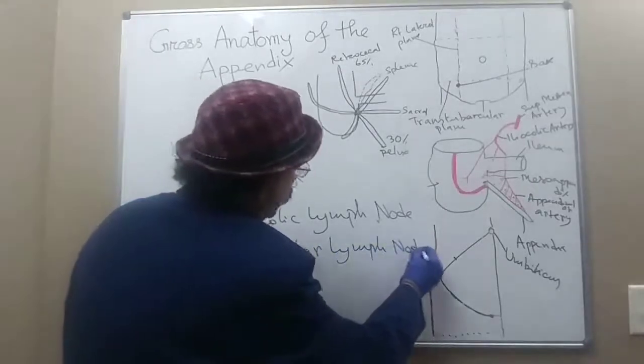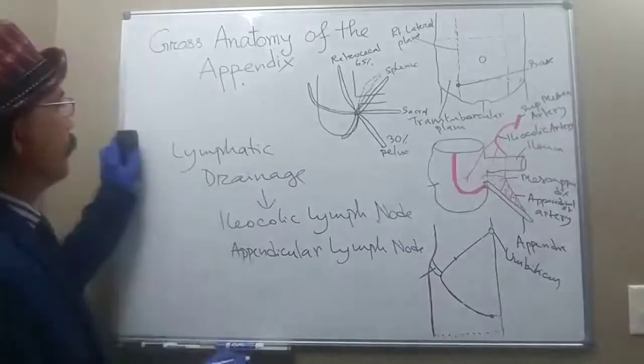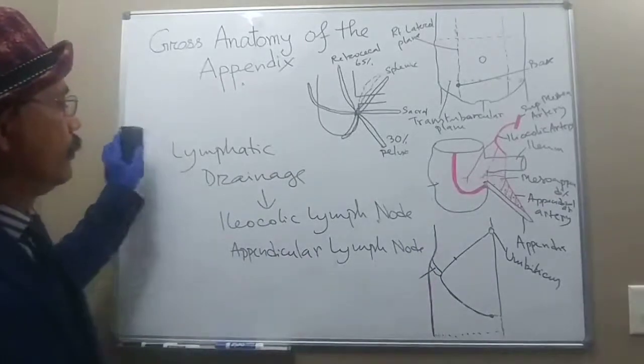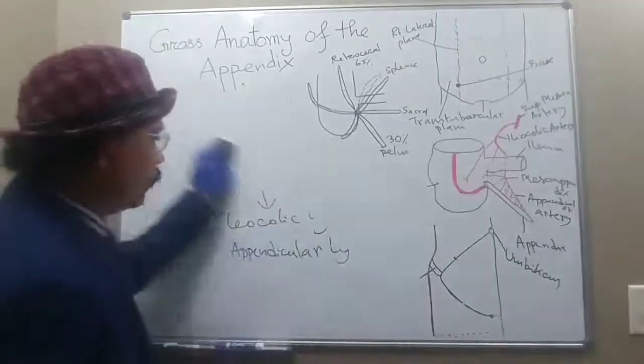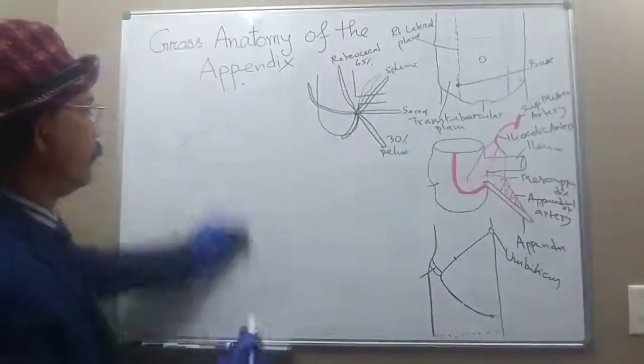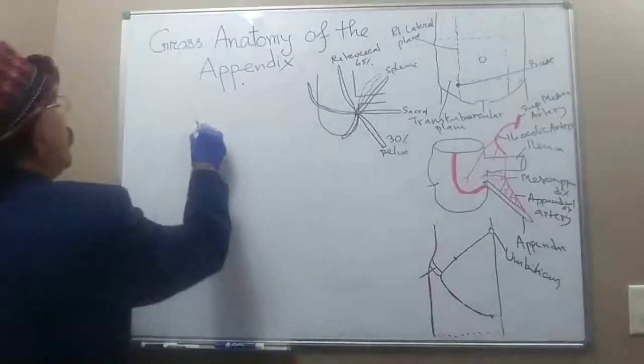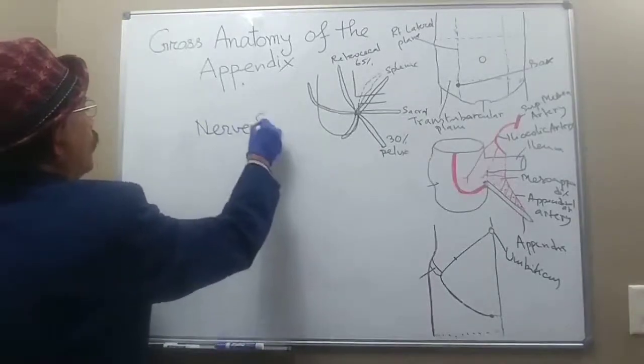Okay, we got that. The ileocolic and appendicular lymph nodes may be multiple. Then we'll go to the nerve supply.